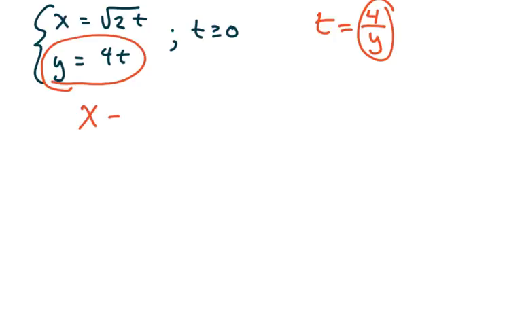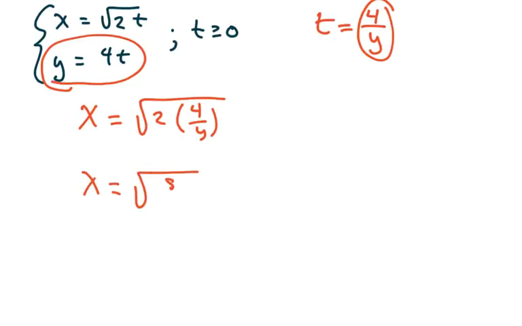So I get x equals square root of 2 times 4 over y. So basically, that's going to be x equals the square root of 8 over y. And you square both sides, you're going to get x squared equals 8 over y.